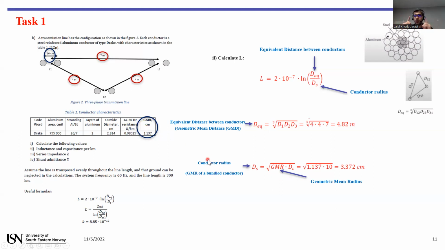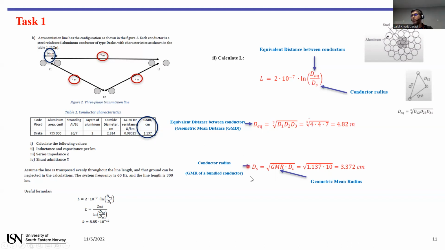However, since you have a bundle transmission line, you have to use this formula. And the GMR can be extracted from the table according to the parameters of the conductor, and you have to find the root of GMR times DC. And the DC is the distance, 100 centimeter, 10 centimeter. It's the distance between 2 conductors in the bundle.